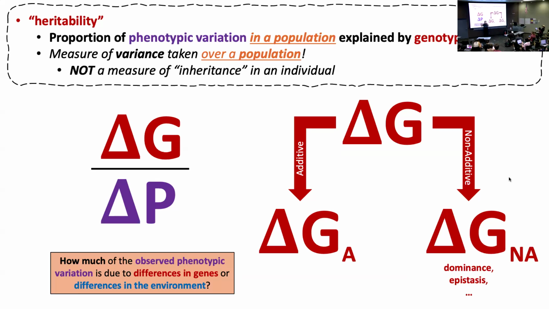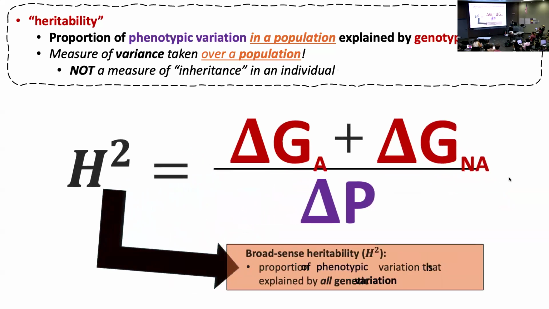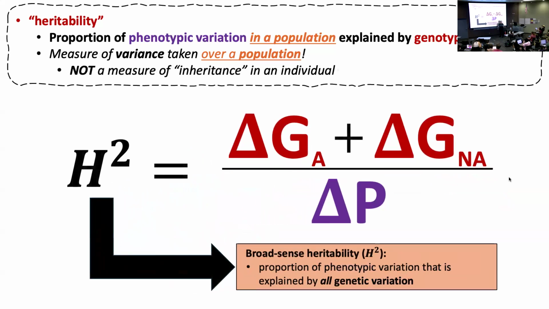So dominance-type effects are not being included in the heritability proportion that we will primarily use. That's the big thing. I know it's a lot of words, but I have to introduce it just so I can make heritability easier later.